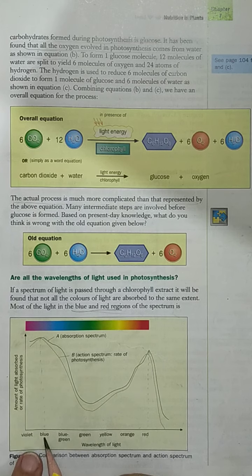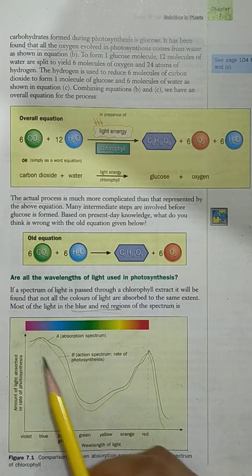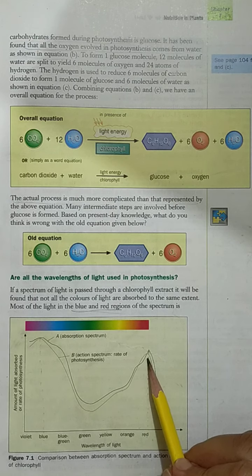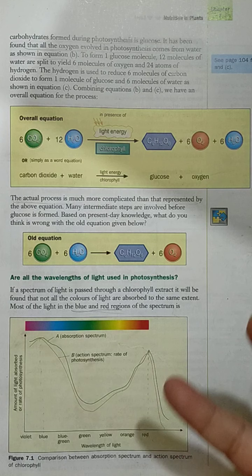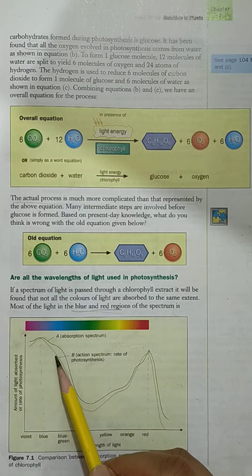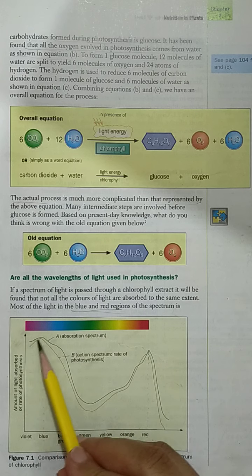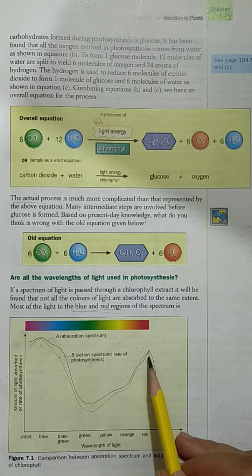So blue color and red color are the regions or wavelengths which are most favorable for the process of photosynthesis. These are the lights which are maximally absorbed by the chlorophyll, and the rate of photosynthesis is also maximum at these 2 points and in these 2 lights.